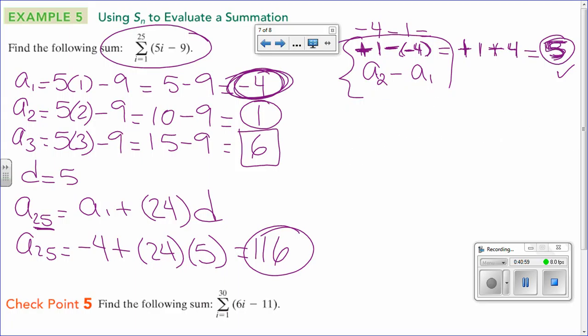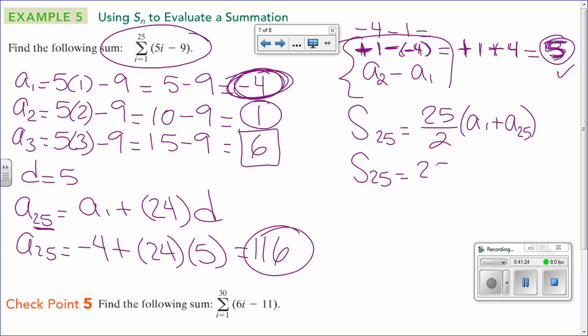All right, so the formula again to find the first 25 terms is going to be 25 over 2. Think of n over 2 times the first term plus the last term. So we have 25 over 2 times the first term, negative 4, plus the last term, 116.